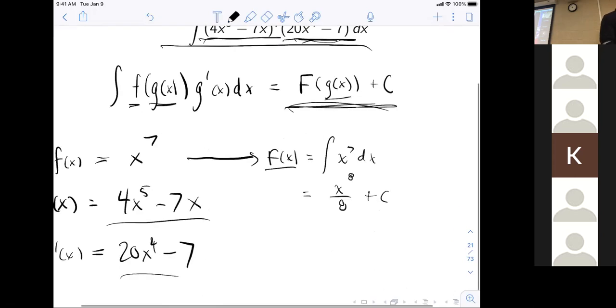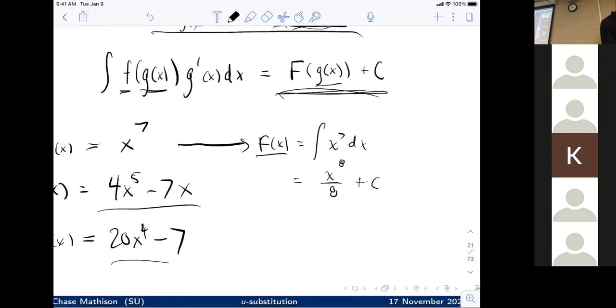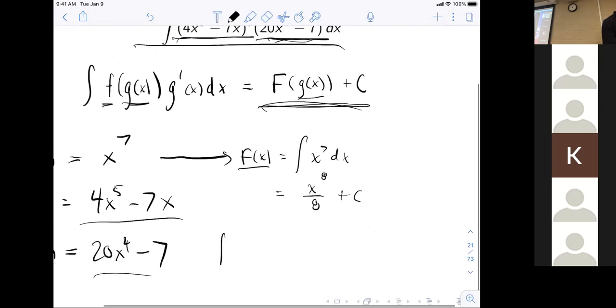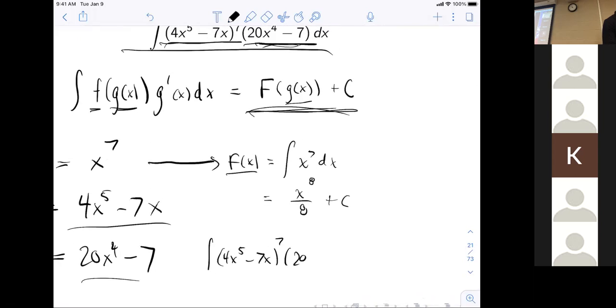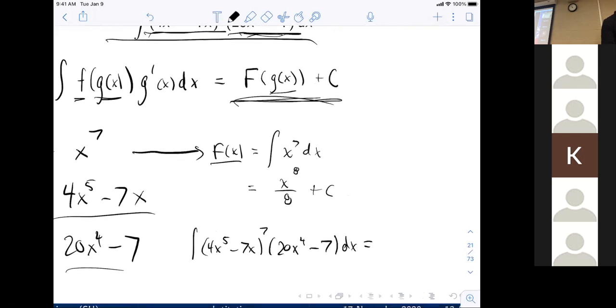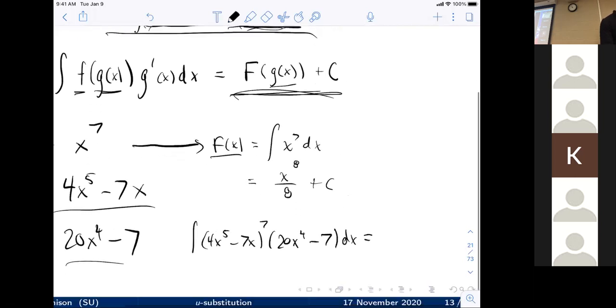Okay, so that means that the integral that we are interested in, the general antiderivative of (4x to the 5th minus 7x) all to the 7th times (20x to the 4th minus 7) dx is, well, big F is x to the 8th over 8.